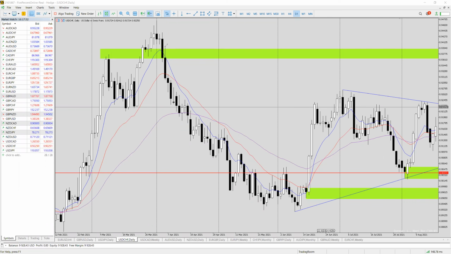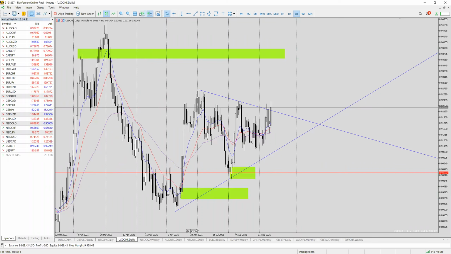At the top of the wicks for the engulfing or strong bearish candles, or at the bottom of the wicks for strong bullish candles. Like here, if I were waiting to go long inside this demand zone, this area is the decision point.